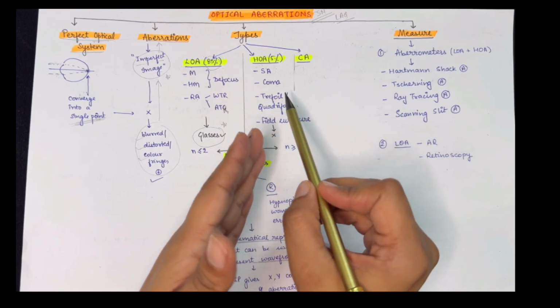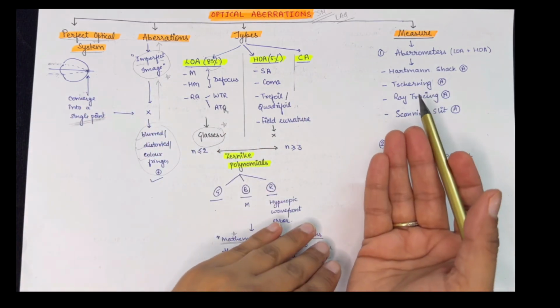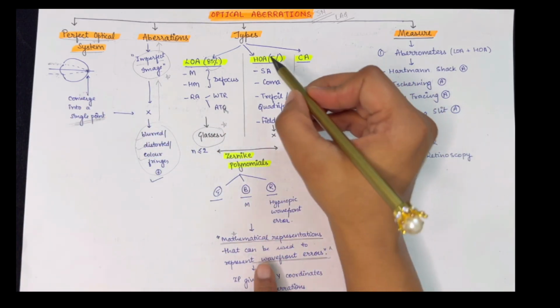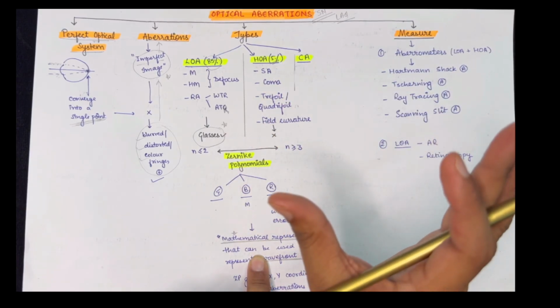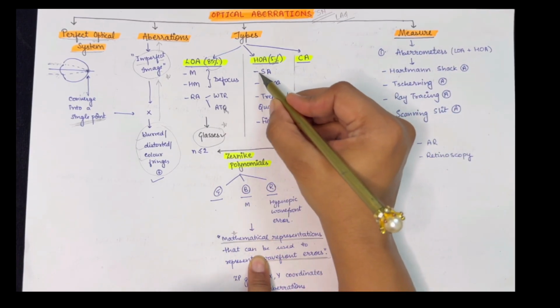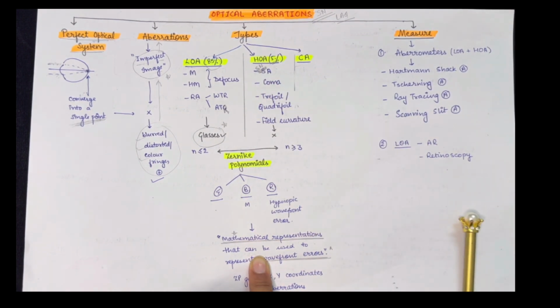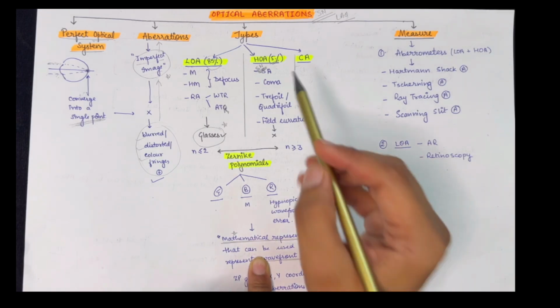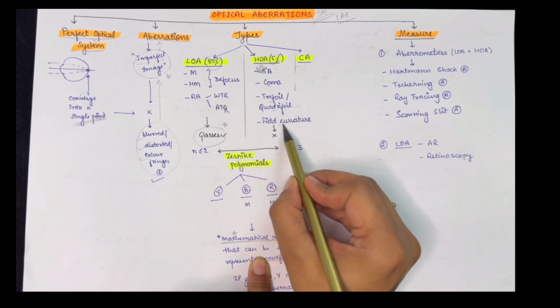Higher order aberrations are those which cannot be corrected with glasses. These are fewer; only 5% of cases have higher order aberrations. This includes spherical aberration, very important, which can come as a separate short note. Then coma, then trefoil or quadrifoil, then field curvature.